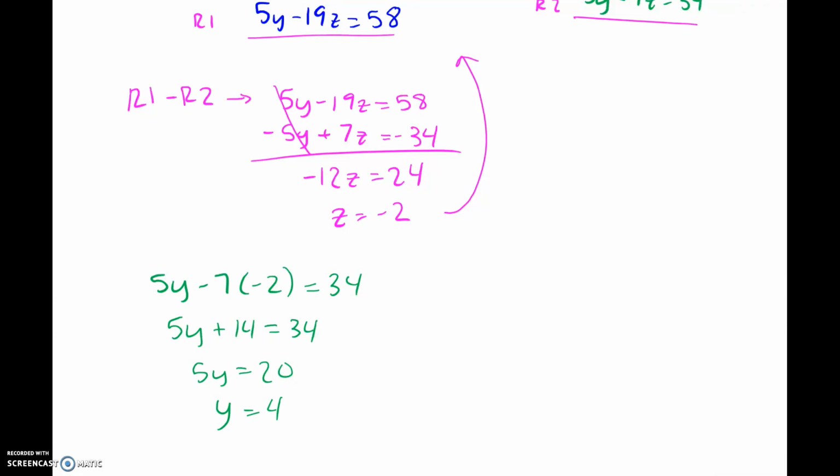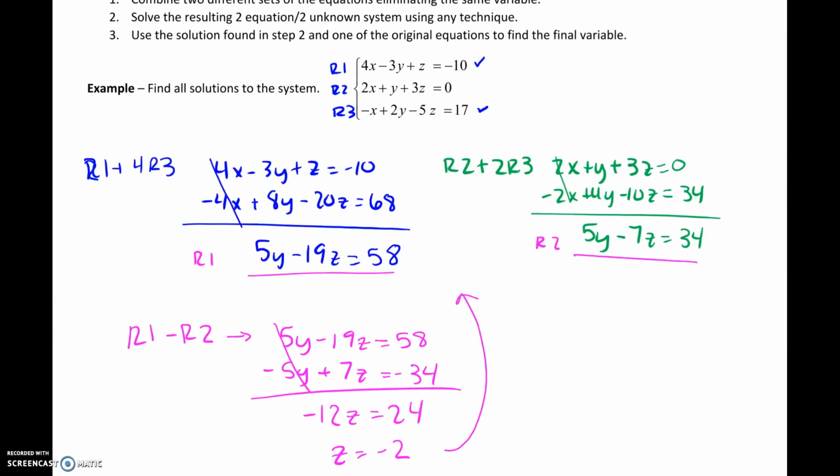So I have y, and now you go back up to the top and choose from your first tier equations, your original ones, and plug those in to get your x. So you plug the y and the z into any one of those three to get your x. I think I'm going to choose row 2. It's the one I like better.